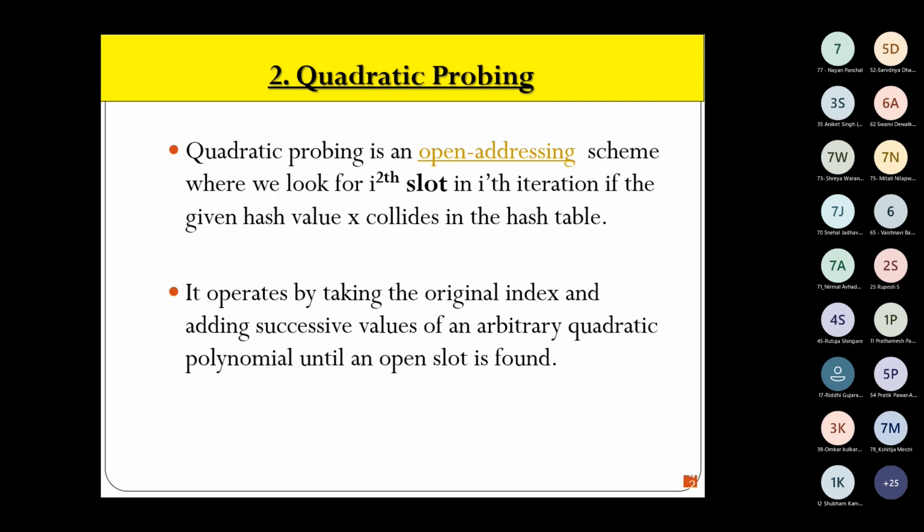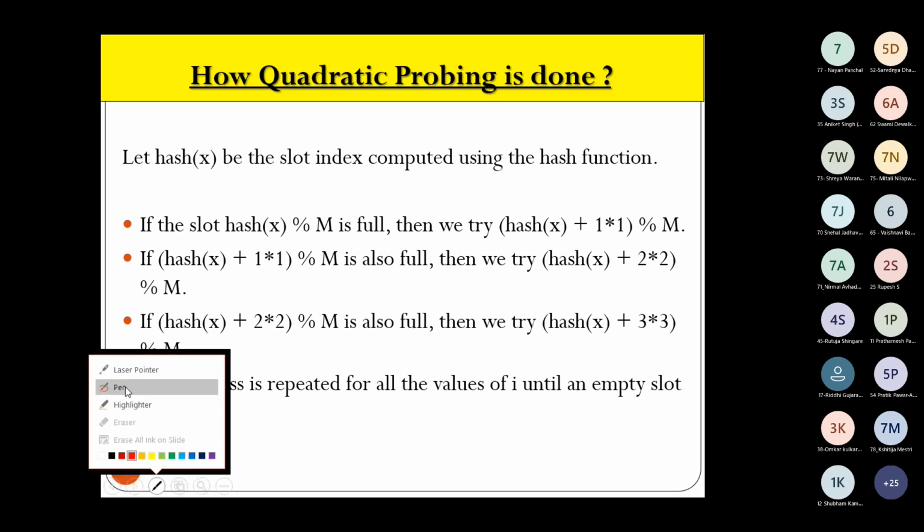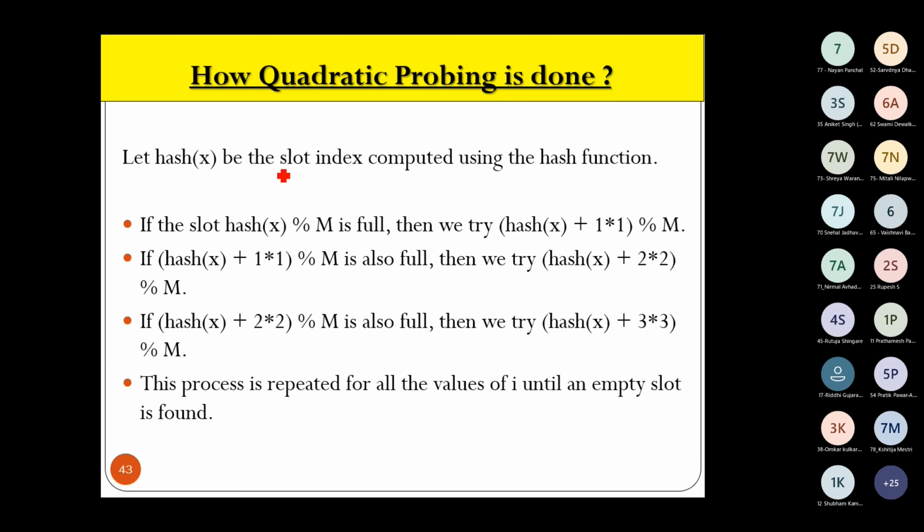Now let us see, if h of x is a hash function and it calculates some address like this, then h of x mod m, because we want to wrap around the locations.